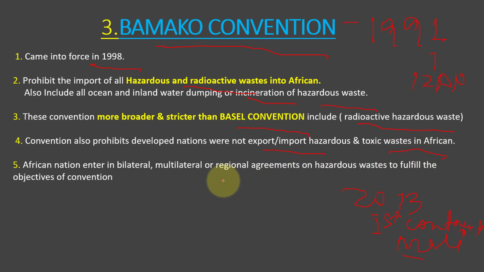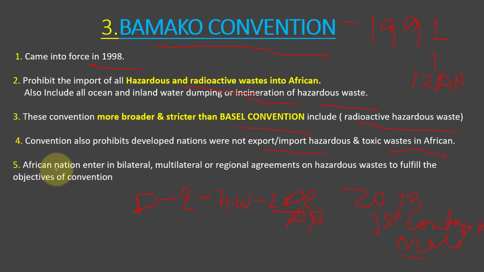So, friend, what happened was that developed countries exported hazardous waste to the least developed countries of the African nations. So these 12 countries came together and signed this pact that developed countries will not export hazardous waste, which creates consequences in the African nations, because they are the least developed countries. So this convention came at that time.